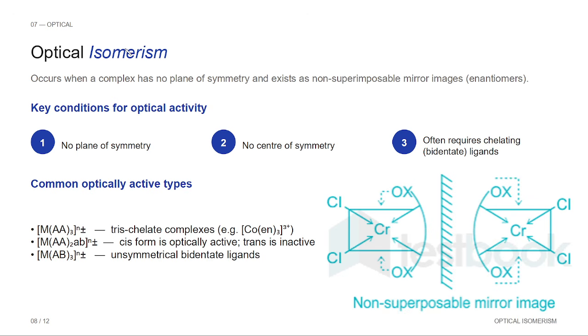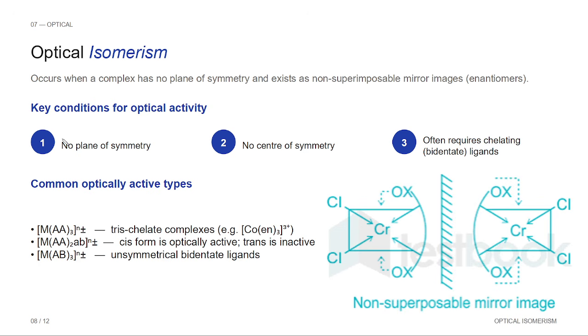And next one is optical isomerism. Remember it: the complexes that have no plane of symmetry, and that show non-superimposable mirror images, are called optically active.